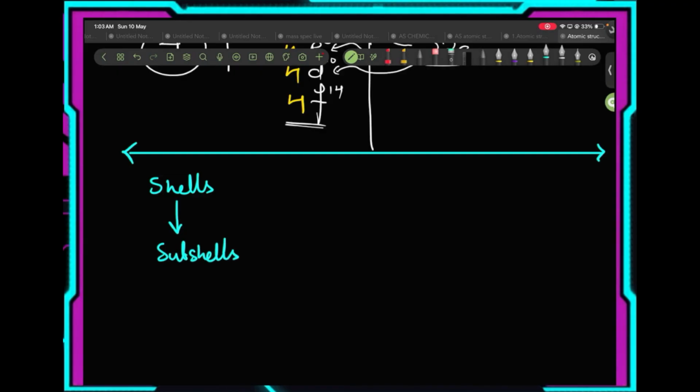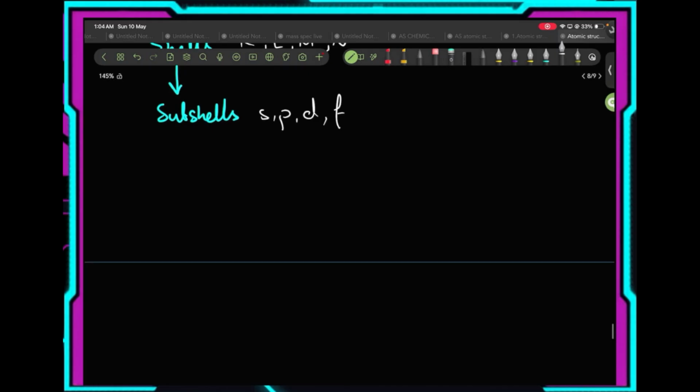So we had shells, we had 4 kinds of shells, K, L, M and N. Then we moved on to subshells. We had S, P, D and F subshells. Now we'll magnify further. If you magnify further, you'll find that inside these subshells, you still won't find electrons, you'll find orbitals.